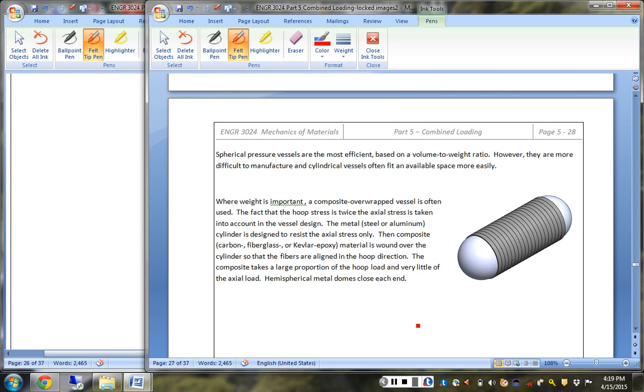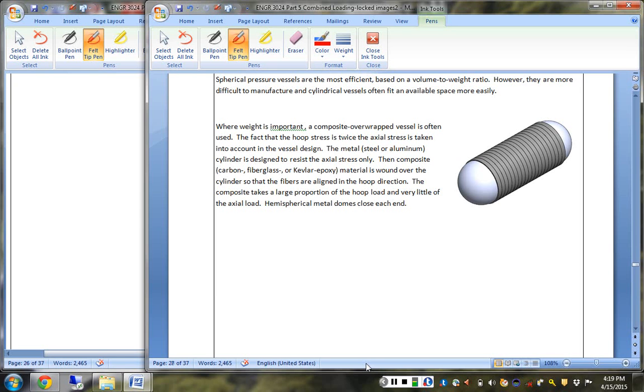All right. We got a problem. Tomorrow in lab, what's the thing that you're going to use to measure? Strain gauge. What does a strain gauge measure? It measures strain. That's all it knows how to do.